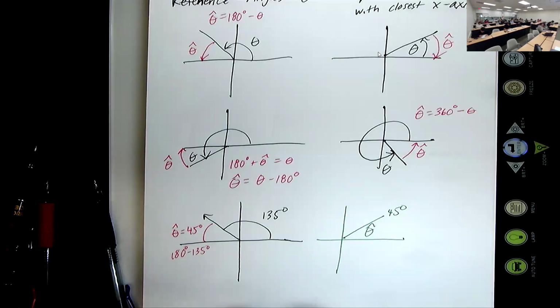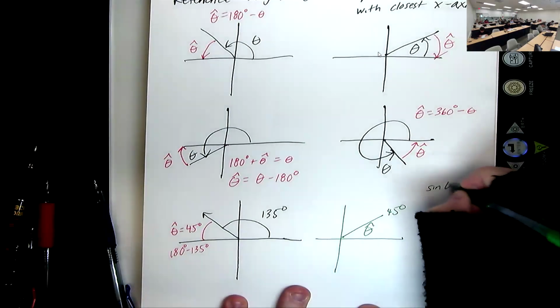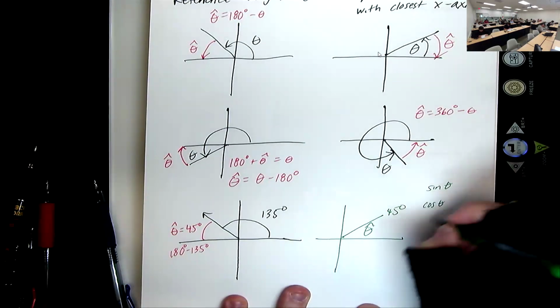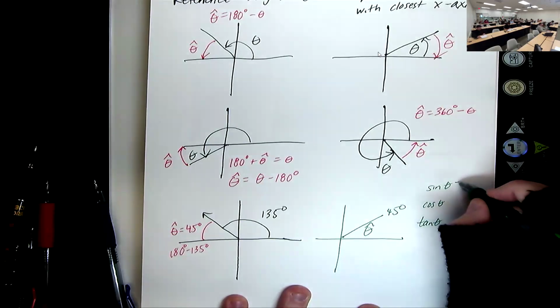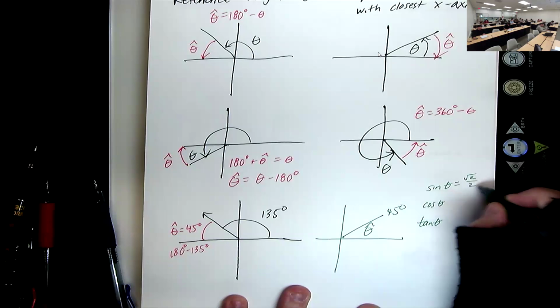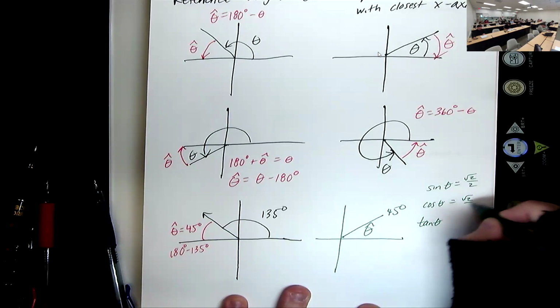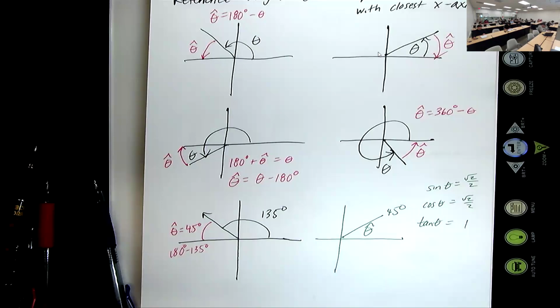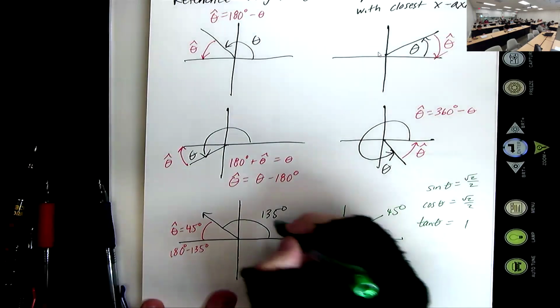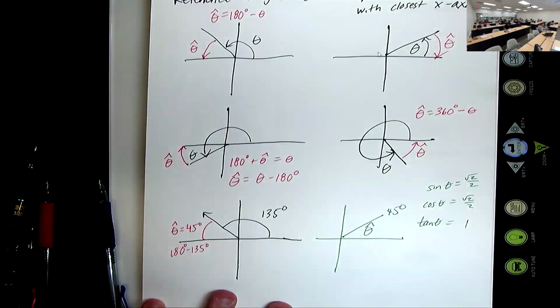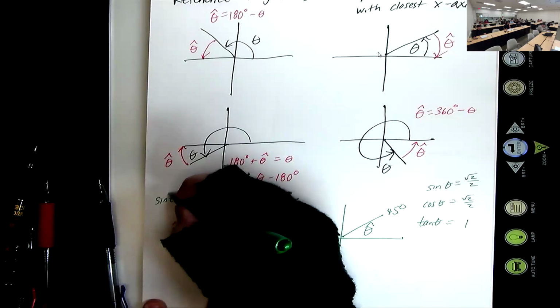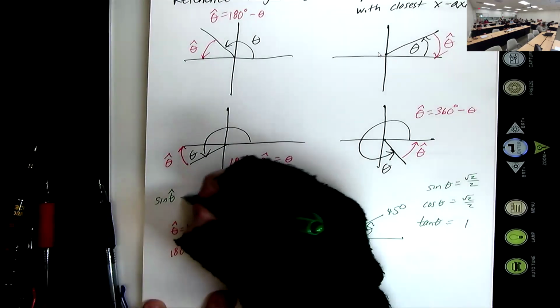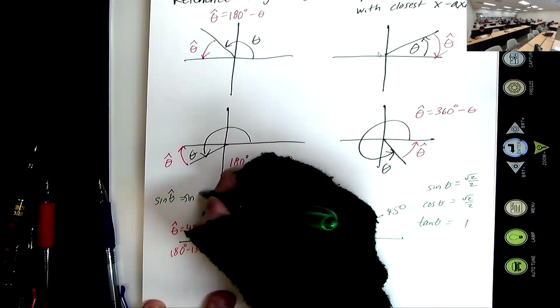And we can ask, what is sine theta, cosine theta, tangent theta? These are both √2/2, and tangent theta was 1. Sine of the reference angle is the same thing as sine of 135.